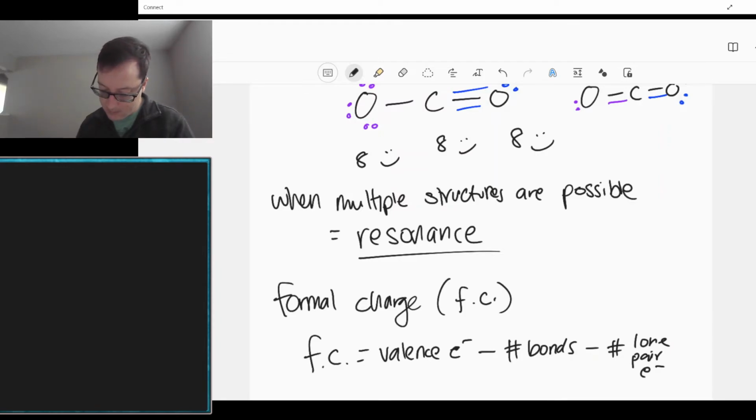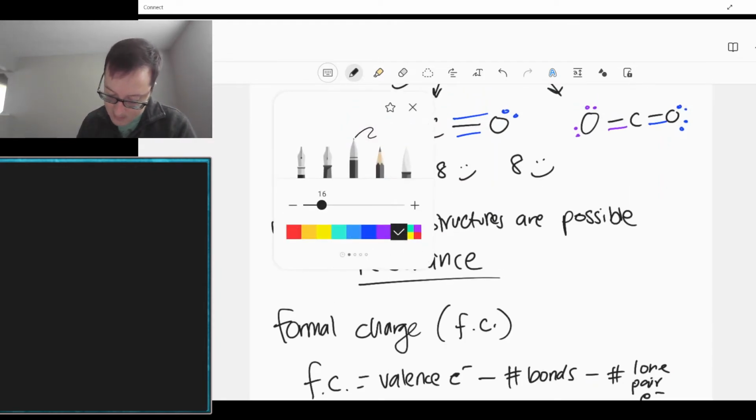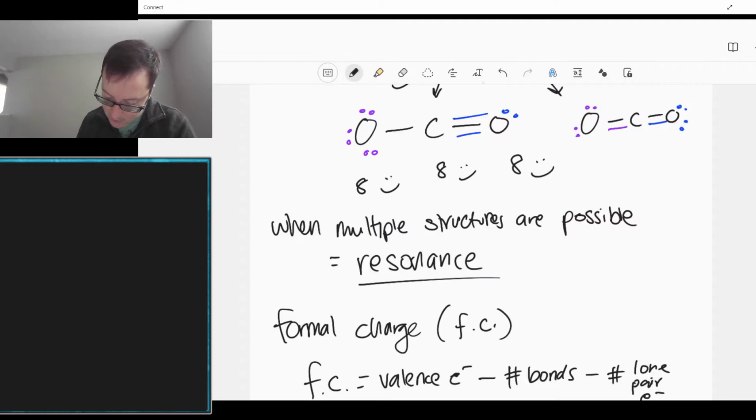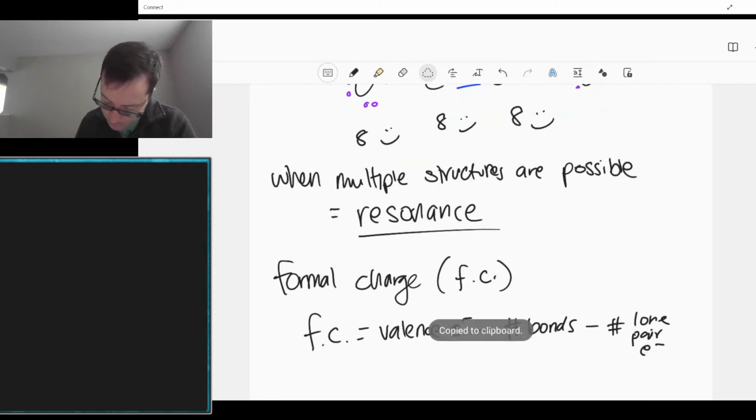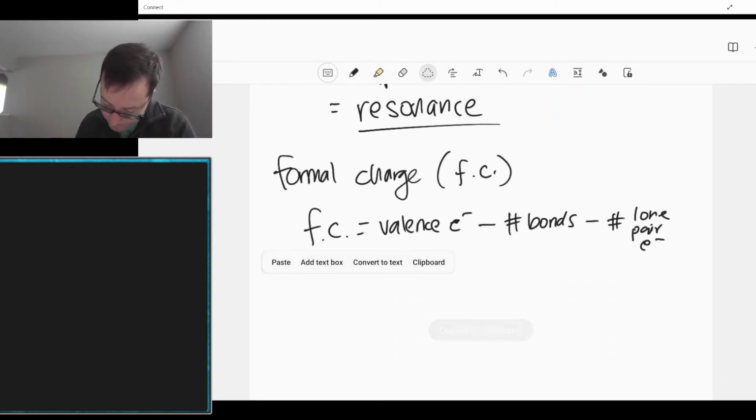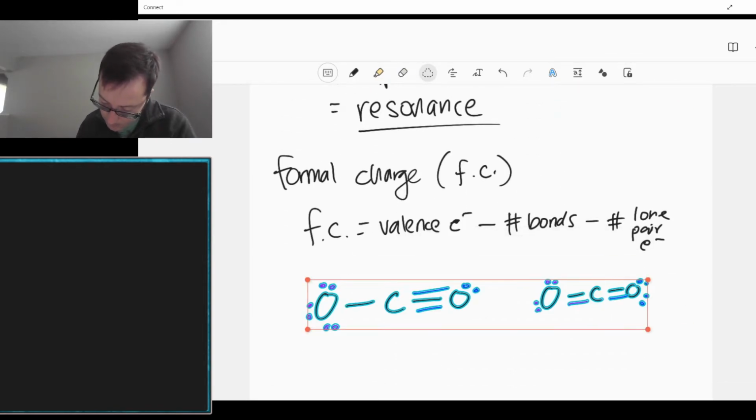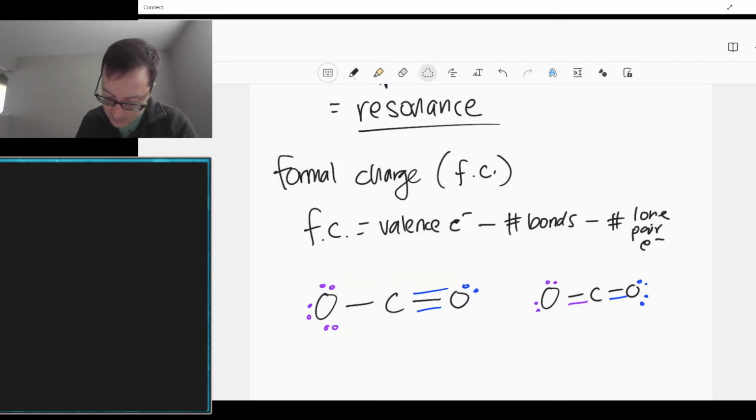So let's take a look at all three of these atoms. I'm going to copy this structure so we can analyze the formal charges. Actually, I'm going to copy both. So let's see what we get here.